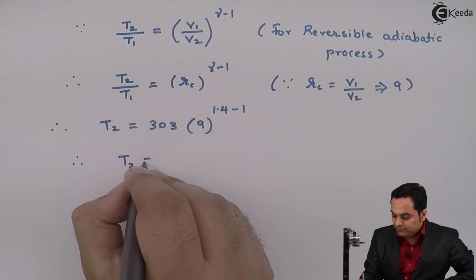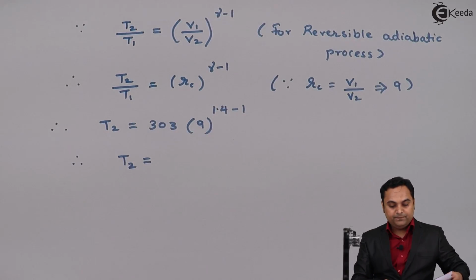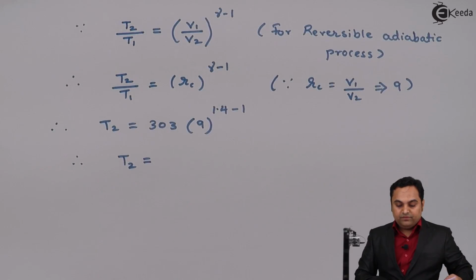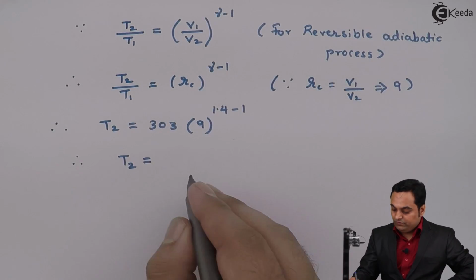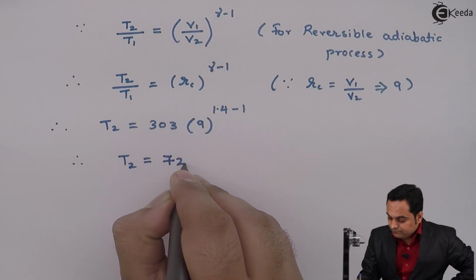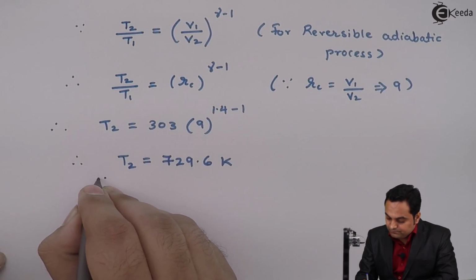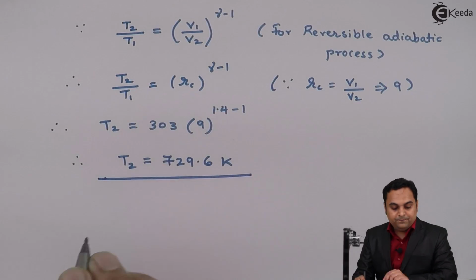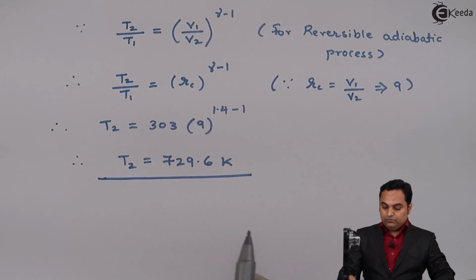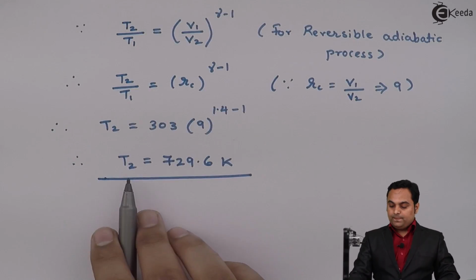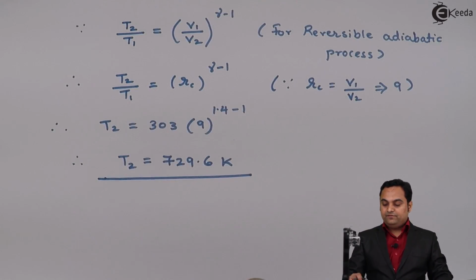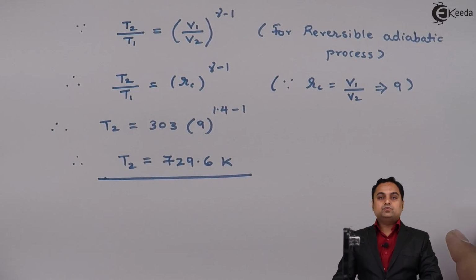Therefore T2 value comes out to be 729.6 Kelvin. So now we have reached the second temperature. Here the process was 1 to 2.